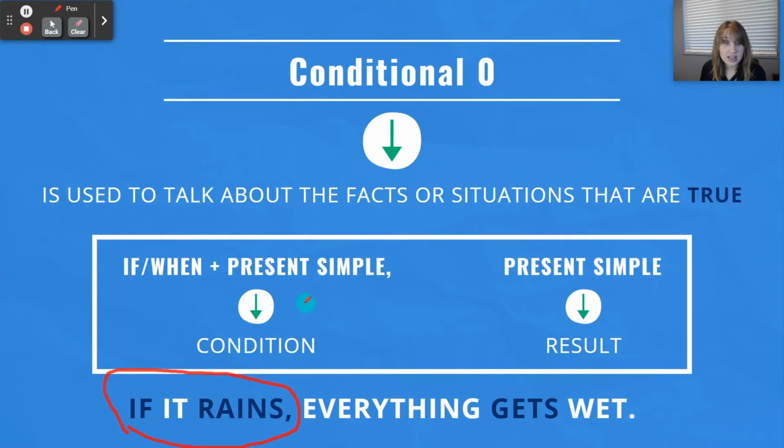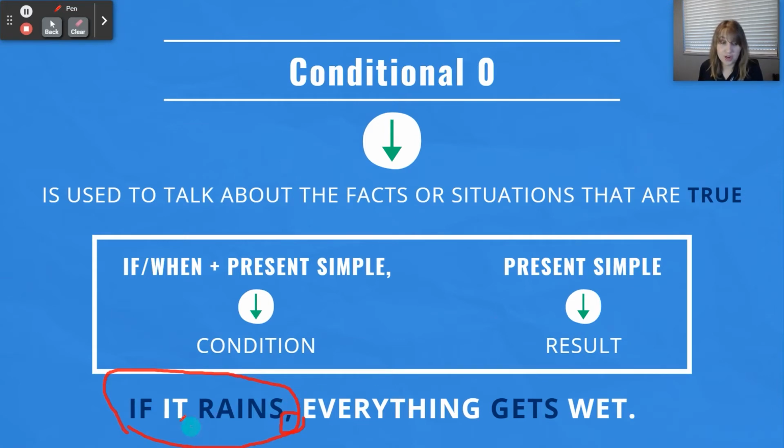The interesting thing about conditional zero sentences is that those two parts are divided by a comma. So you have to use a comma after a condition. If it rains, comma, everything gets wet. So definitely this sentence talks about a true situation.